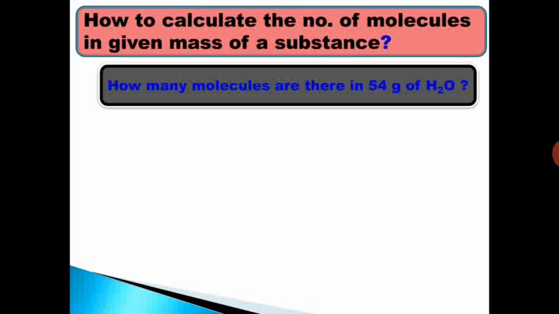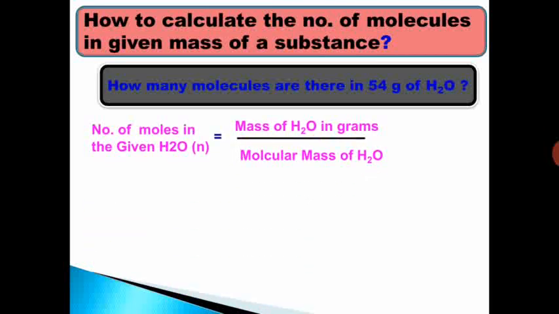So we know that how many molecules are there in 1 mole of any substance. So let us calculate how many moles are there in given mass of substance. Means first step, first you have to calculate number of moles in a given mass of a substance. So that we are going to calculate first. For that we will use the formula, number of moles is equal to mass of a substance in grams divided by molecular mass of that substance. Here we are taking the example of water molecule.